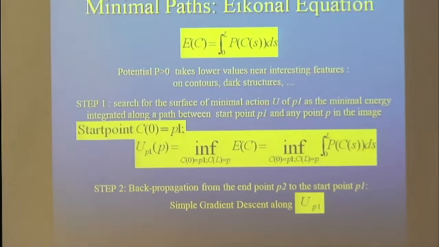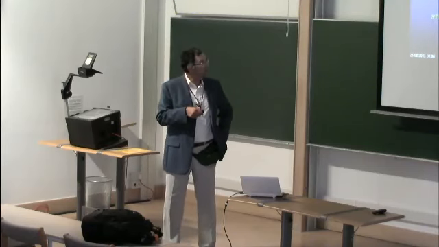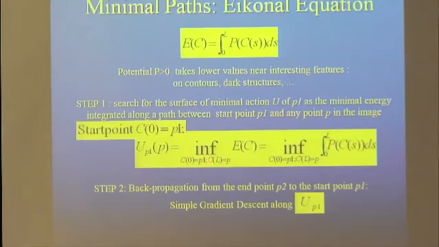Then the first step is to consider the minimal action. Given a starting point P1, you consider U_P1 to be the minimal energy among all paths that start at P1 and end at P. This definition is for any point P in the image domain.